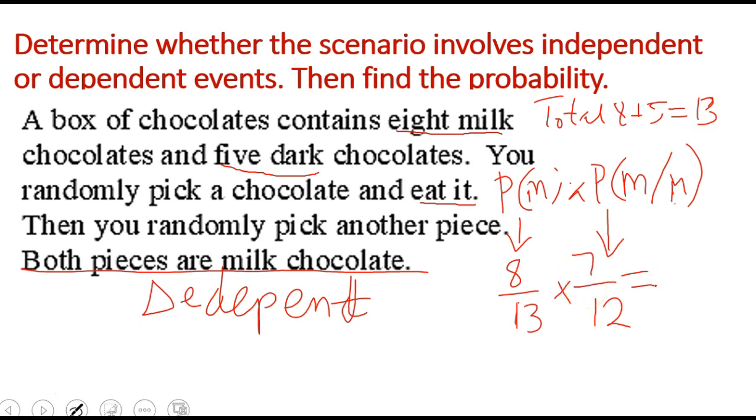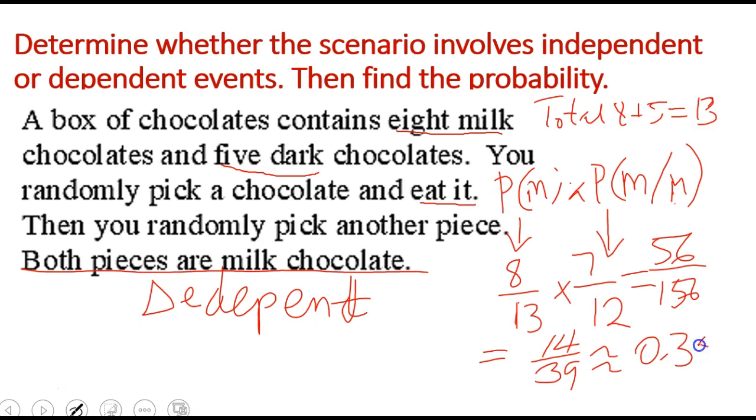Then you multiply both in the calculator, and we get 56 over 156, which is equal to 14 over 39, approximately 0.359. So that is the chance of picking milk chocolate each of those 2 times.